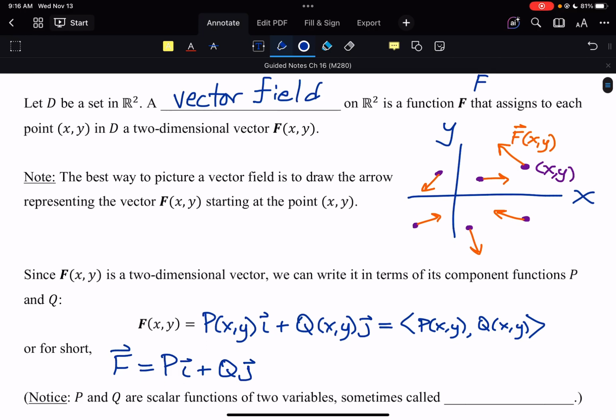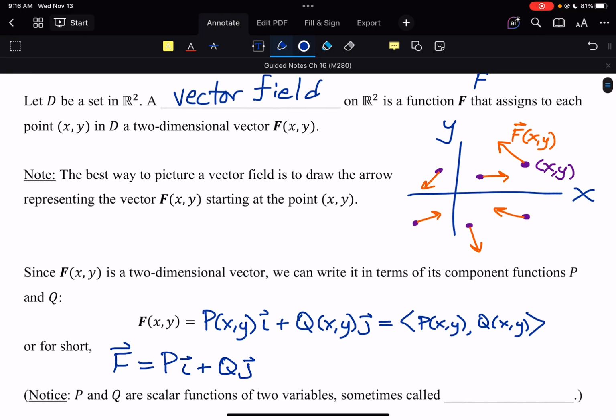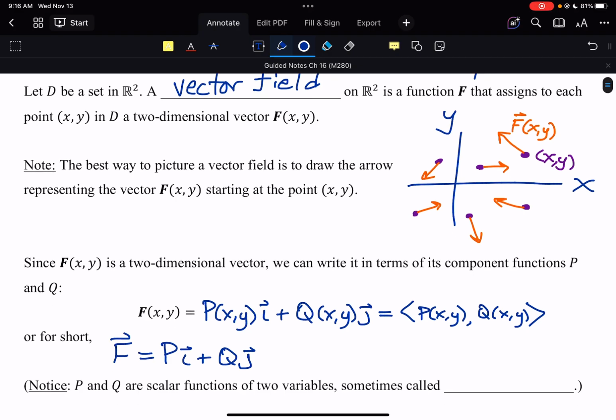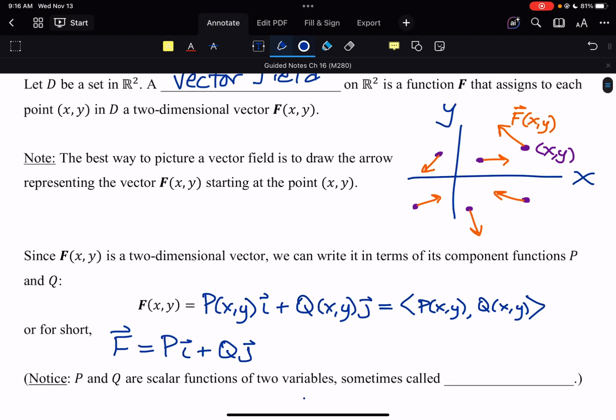So we have here a vector function, with functions of x and y in the components. Notice P and Q are scalar functions of two variables. So even though F is a vector field, P and Q are not themselves vectors. These are just scalar functions of x and y.